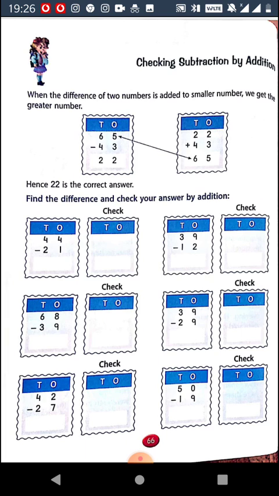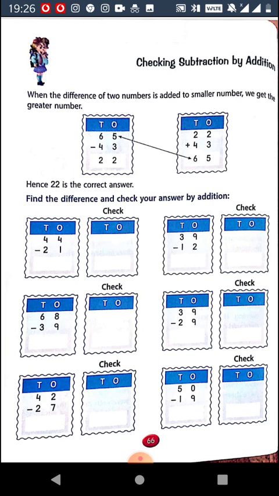We regroup tens to ones because we are borrowing from the tens place. In addition, as I told you earlier, we regroup from ones to tens because we carry forward ones to the tens place. And in subtraction, we regroup tens to ones because we are borrowing from the tens place.